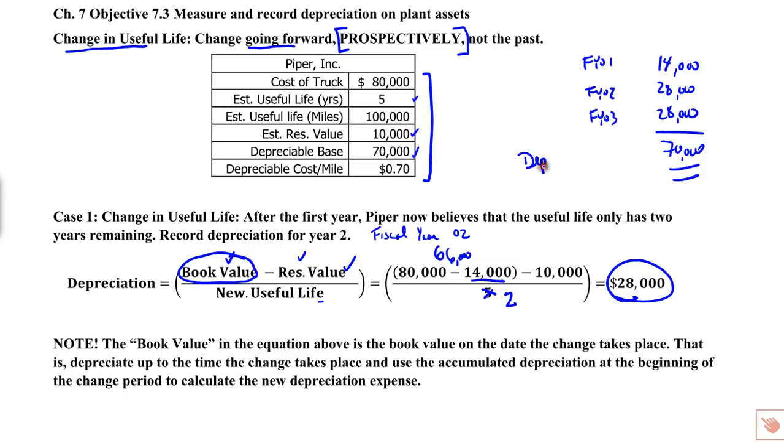That's our depreciable cost, and we will be done. In the first year we had 14,000. We thought we had 4 more years left. Instead, we said this thing's only going to last 3 years, so we just depreciated what we had left in our depreciable cost over the remaining 2 years.